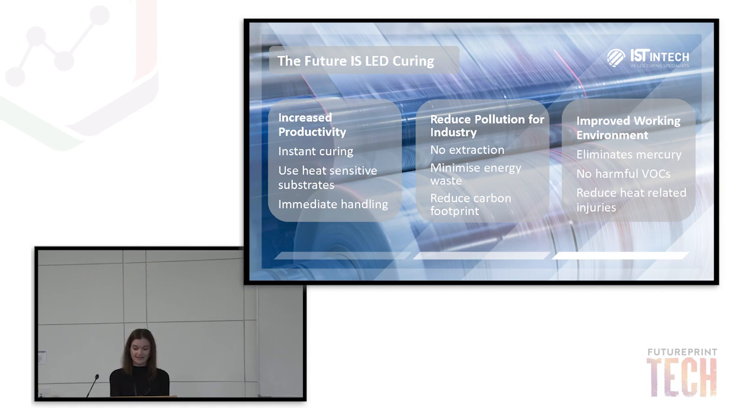By adopting UV LED technology, manufacturers can decrease their energy consumption and lower operating costs. Other advantages manufacturers will benefit from include increased productivity, reduced pollution, and improved working environments.